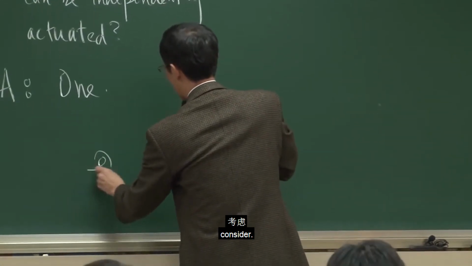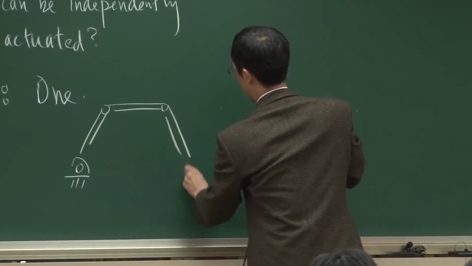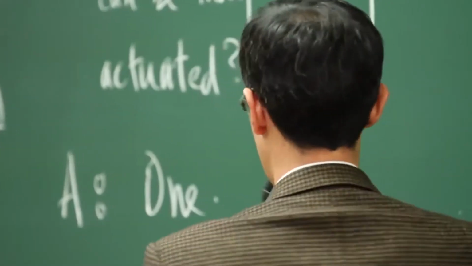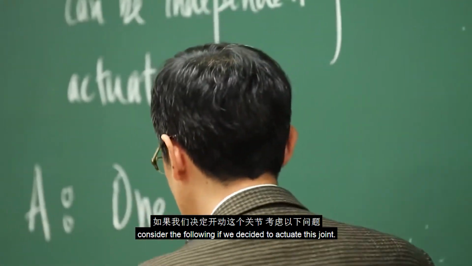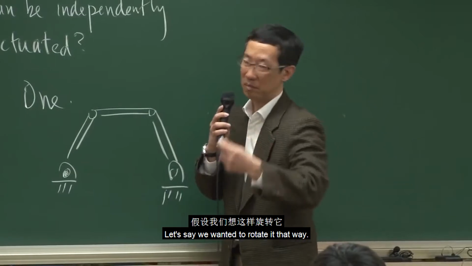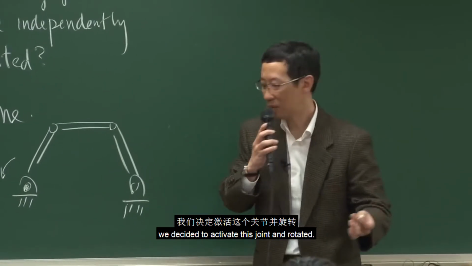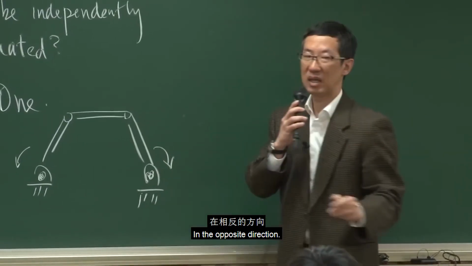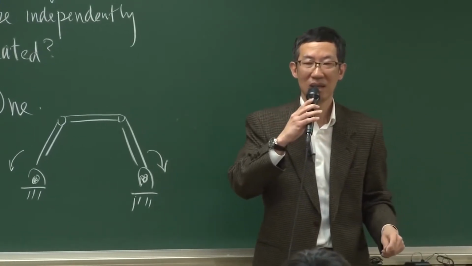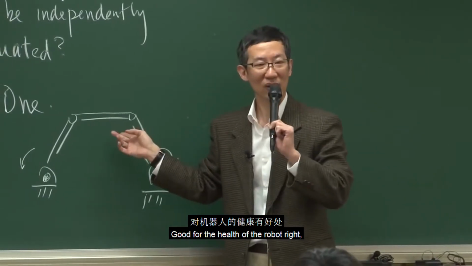Well, I mean, consider the following. If we decided to actuate this joint, let's say we wanted to rotate it that way, and at the same time we decided to actuate this joint and rotate it in the opposite direction, okay, this would not be good for the health of the robot, right?